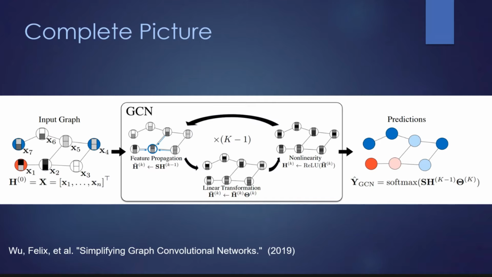The output is also a set of feature vectors, one for each node. Then you can use that output, for example, and pass it through a softmax function or a sigmoid activation function for your multi-class classification problem or multi-label classification problem.